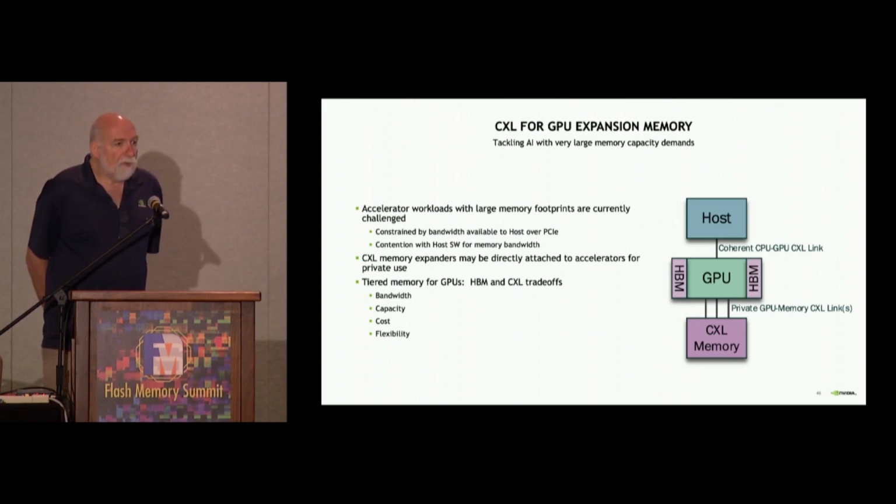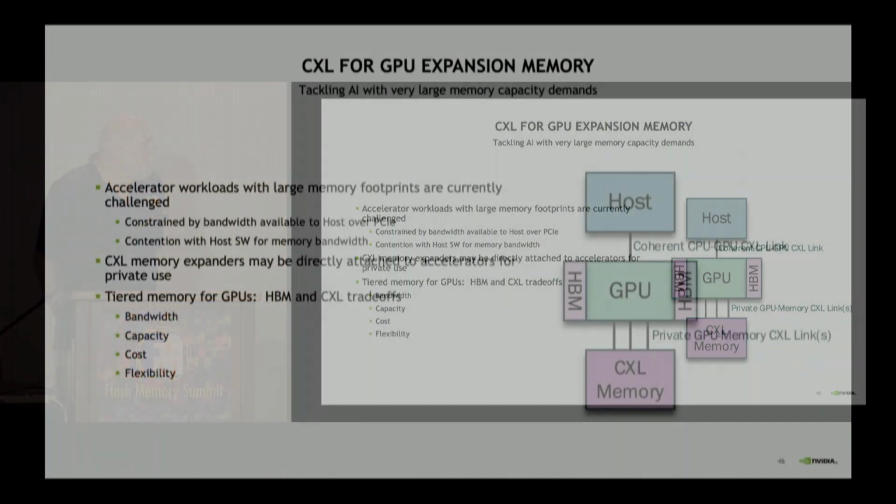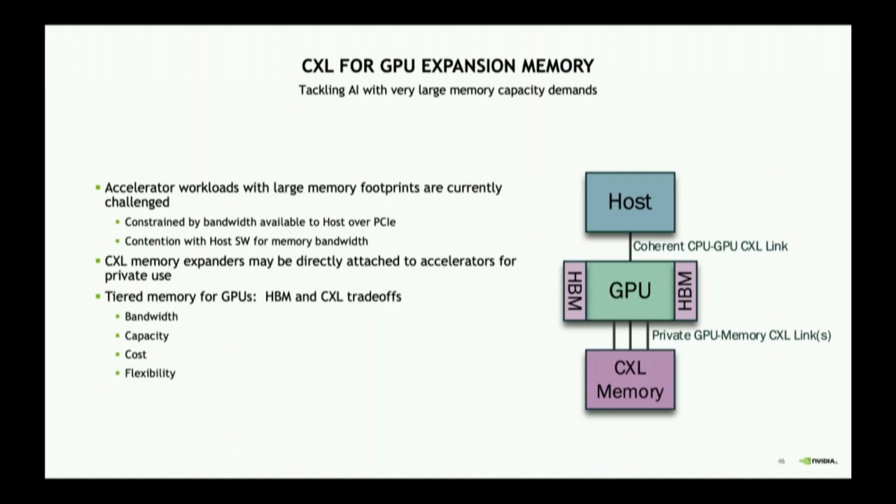Today we're using host memory. That means that single interconnect to the host is becoming a performance bottleneck. By putting CXL memory, you can put as many channels as you want below the GPU and get whatever bandwidth you want. And GPUs are good at caching, so the GPU's caching structure can hide the latency.